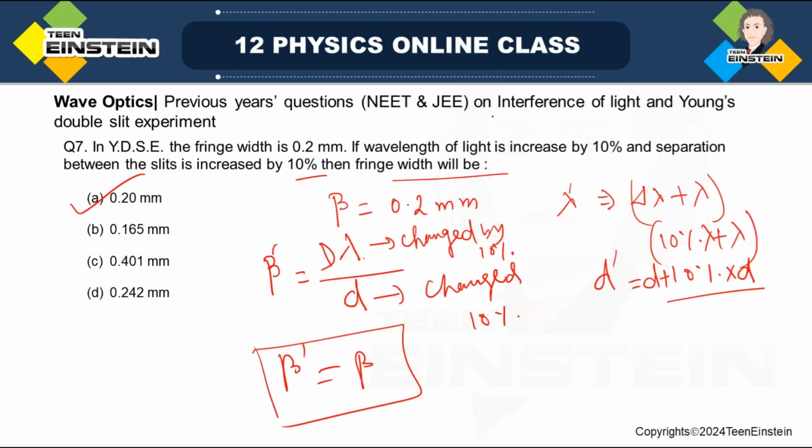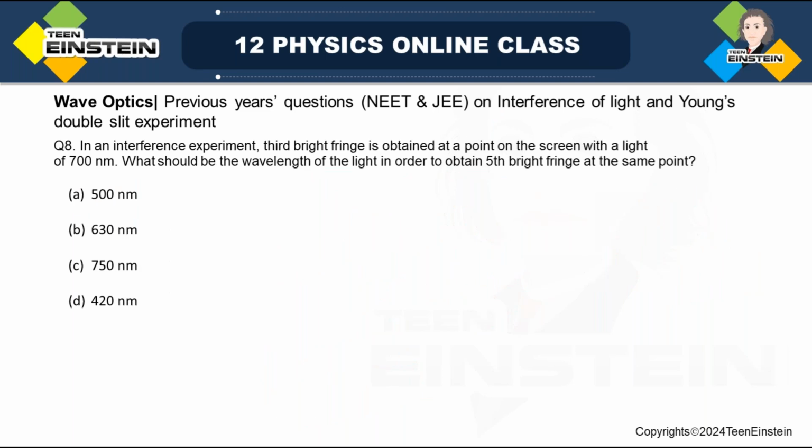Now we'll go to the next problem. In an interference experiment, the third fringe is obtained at a point on the screen with a light of wavelength 700 nanometer. That means the third order, n is equal to 3, is obtained with wavelength 700 nanometer.